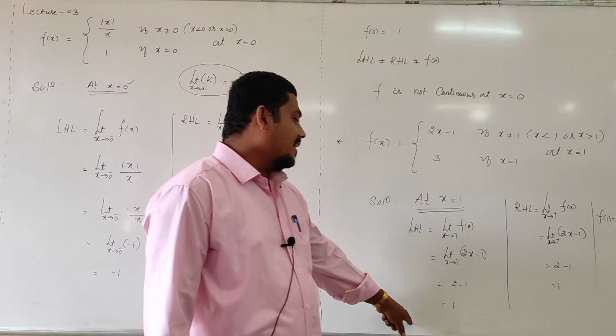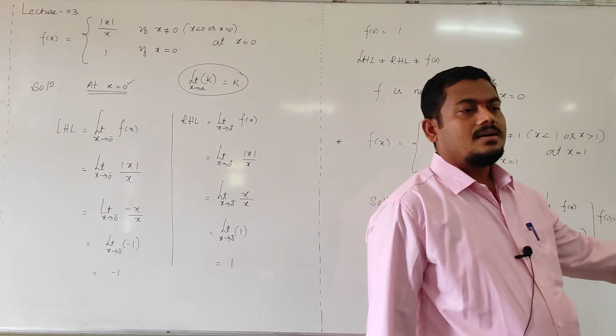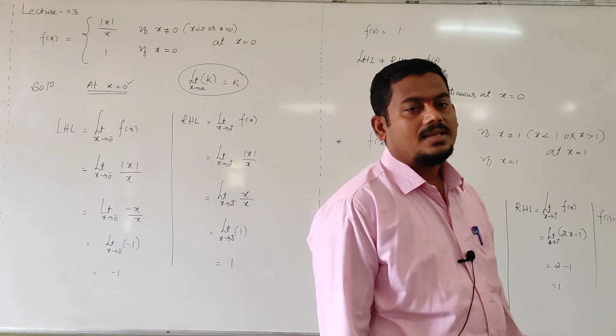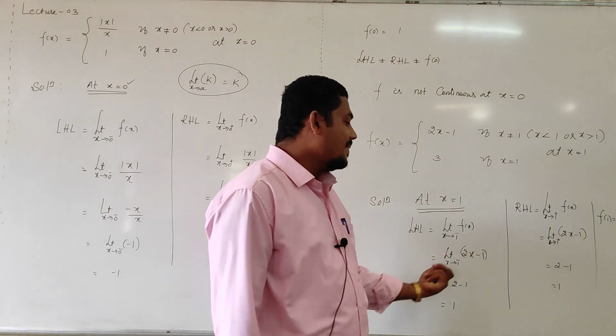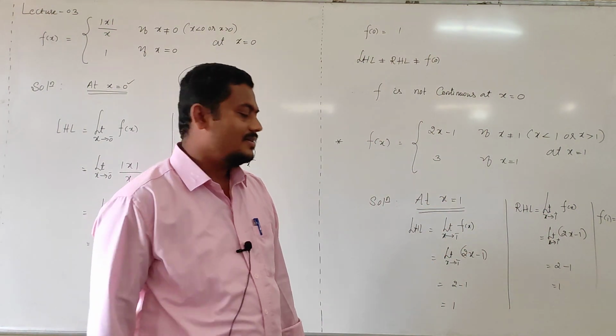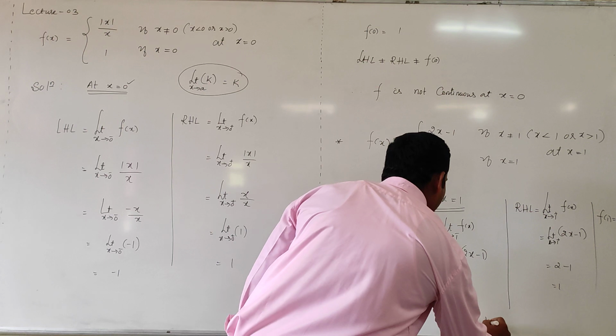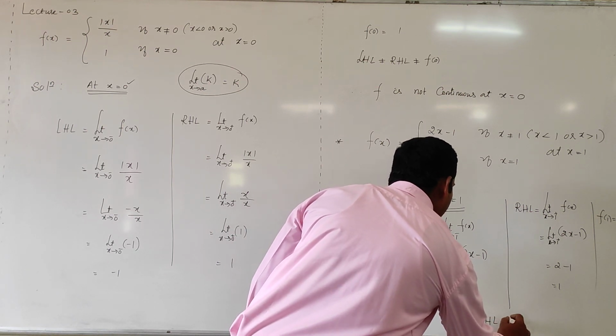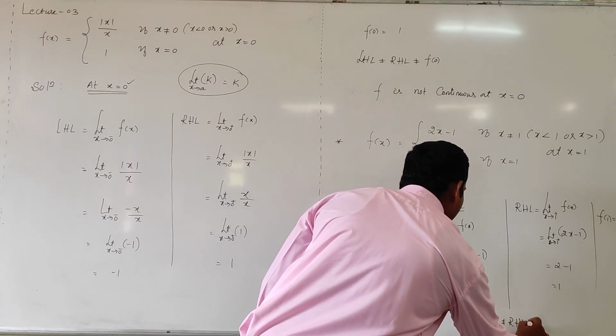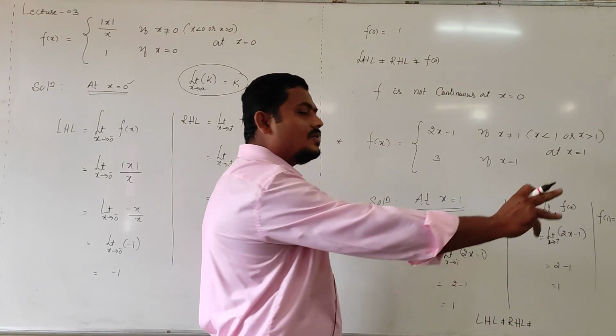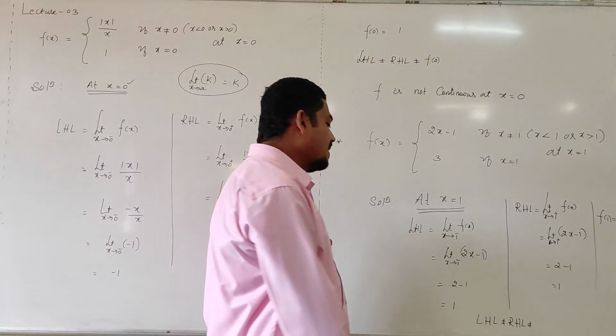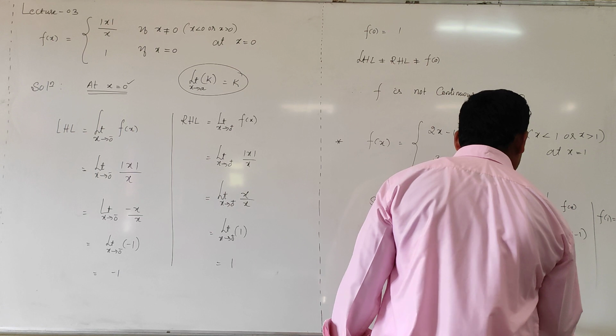Left hand limit and right hand limit are equal, but the functional value is not equal. All three values must be equal, then only the function is continuous. In this case, the left hand limit, right hand limit and functional value are not all equal.